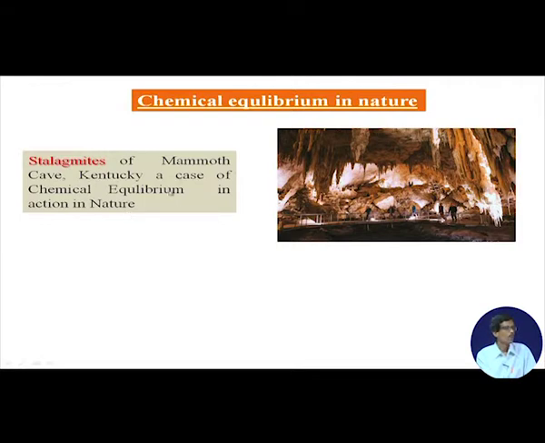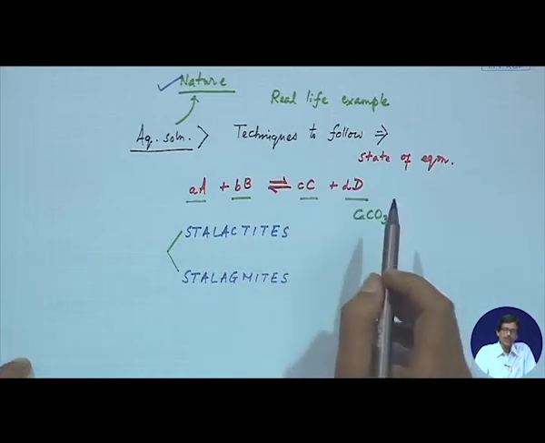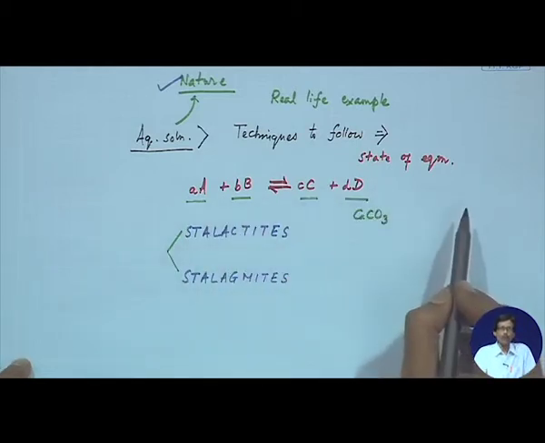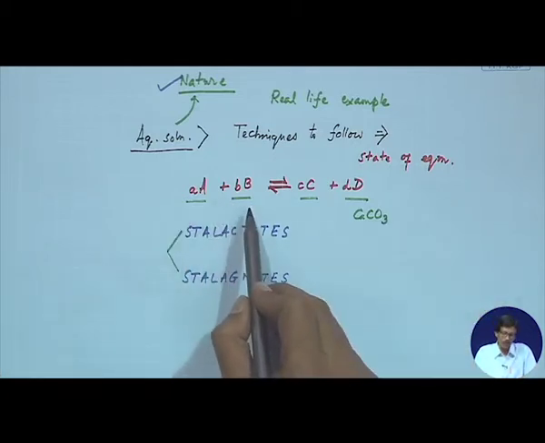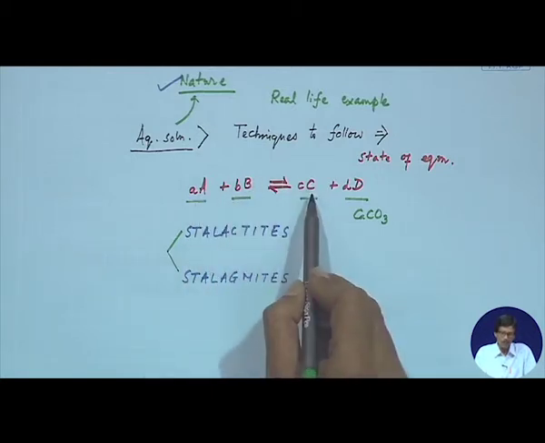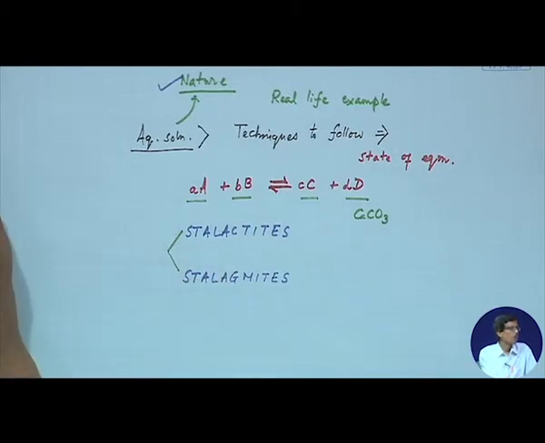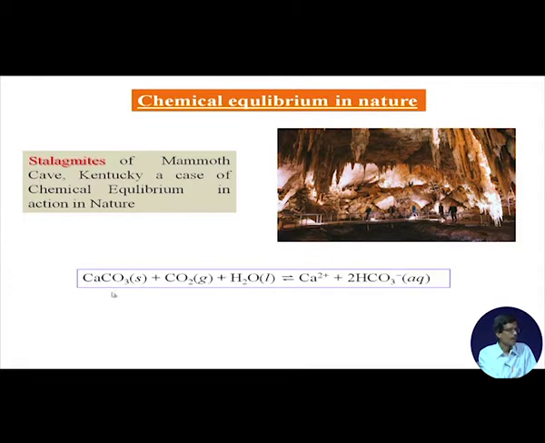So, how is chemical equilibrium responsible for the formation of this particular process? As I told you, A and B are there forming C and D. You can have more than one equilibrium process, but the simplest form of this equilibrium is that A is reacting with B forming C and D. For this stalagmite formation, calcium carbonate is reacting with CO2 in presence of water.